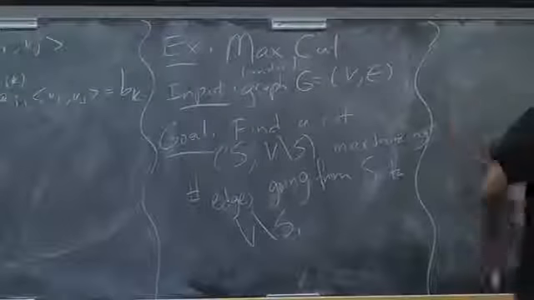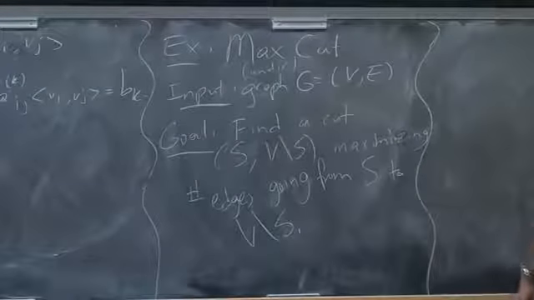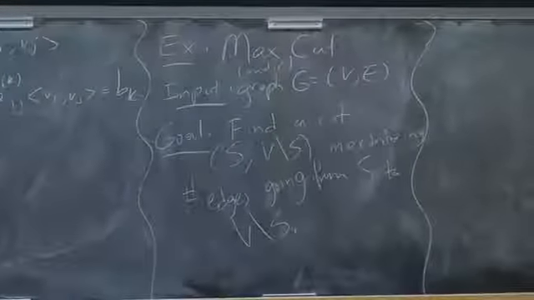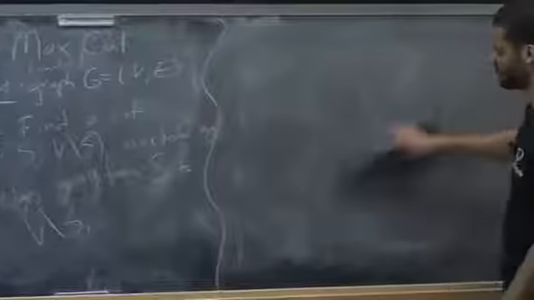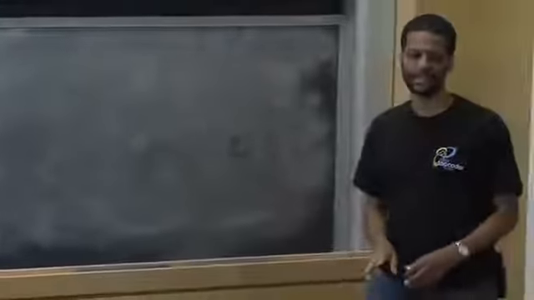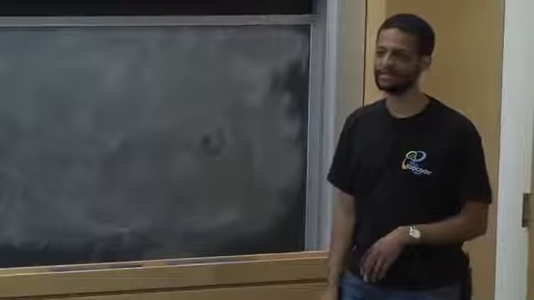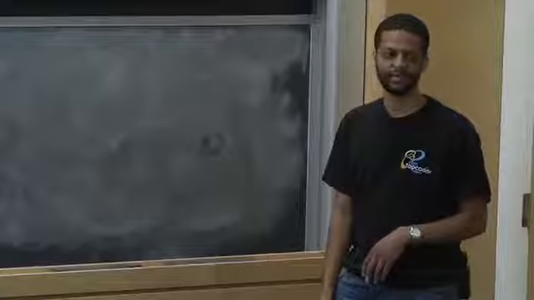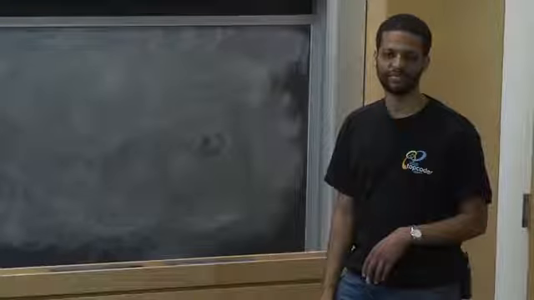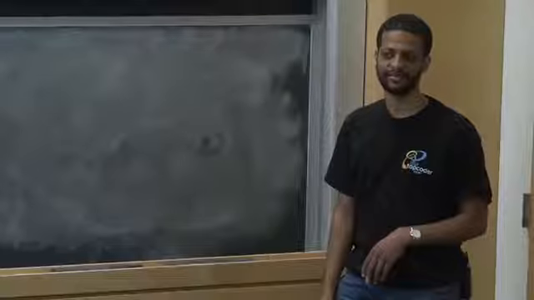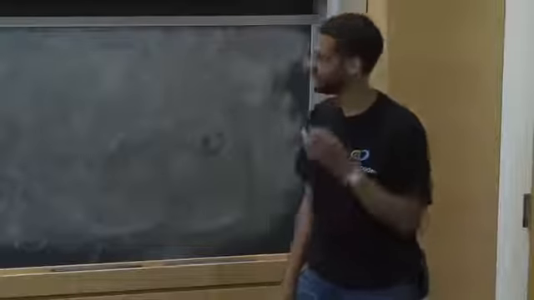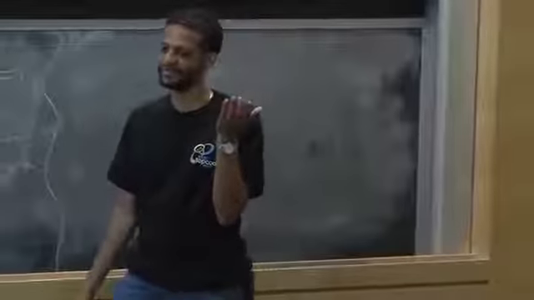So if you took 124 last term, I think I mentioned a good approximation algorithm for max cut. Has anyone seen any approximation algorithm for max cut? Anyone remember anything? Well, I'll tell you. Just pick a random partition.